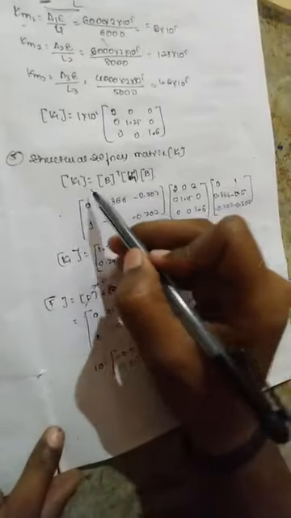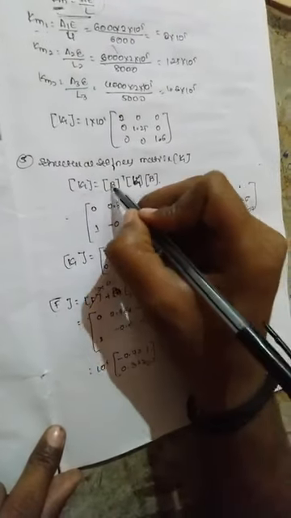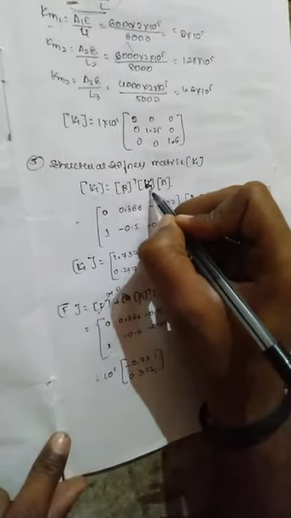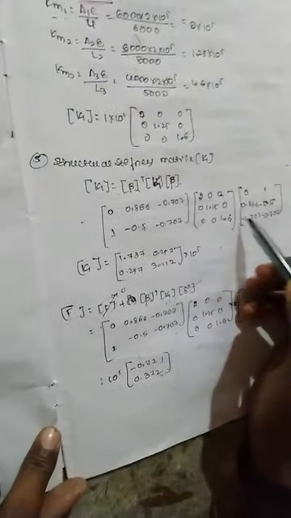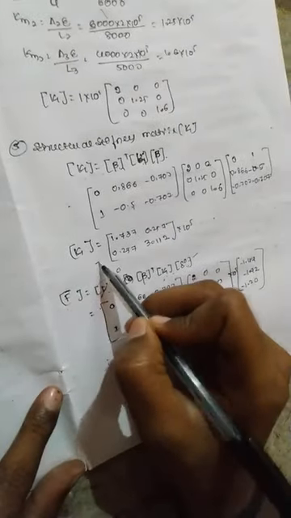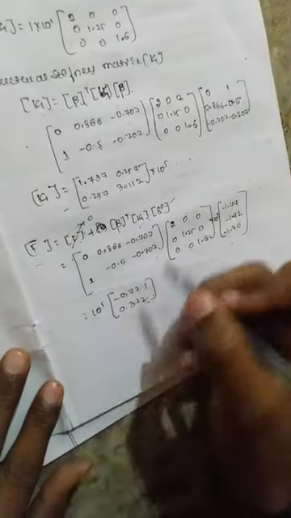We are only calculating the K matrix. The K matrix is equal to the transpose of the beta matrix into K into beta. Multiplying all these, we get the K matrix. Based on that you have to find F bar.